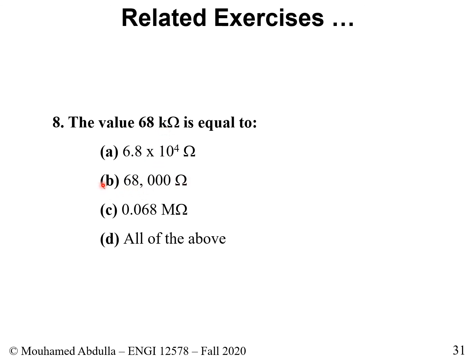So B is correct. M is mega, so you have kilo, mega, giga. Mega is times 10 to the 6, so you could move to the right by 6 digits: 1, 2, 3, 4, 5, and 6. So it will be 68 with 3 digits, and that's also equal to 68 kilo ohms. So this is also correct. So the answer should be all the above, D.